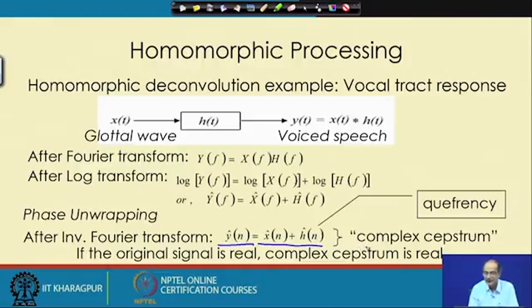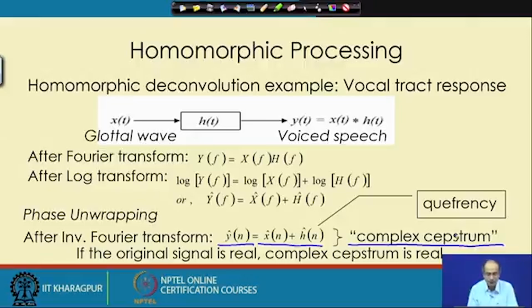Here we take a term called quefrency. Actually we are changing the word frequency, jumbling the word and getting this new term, and the new name given for the new signal is called the complex cepstrum. Again, cepstrum comes from jumbling the word spectrum.